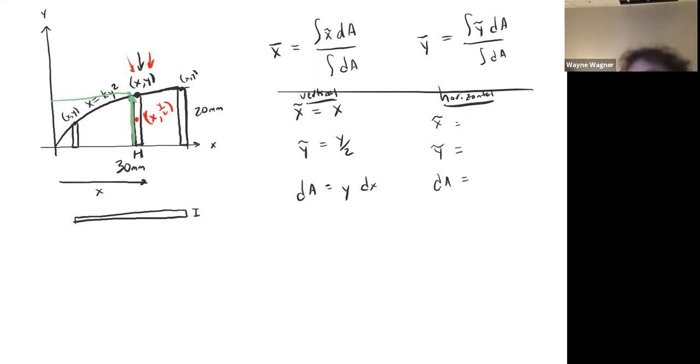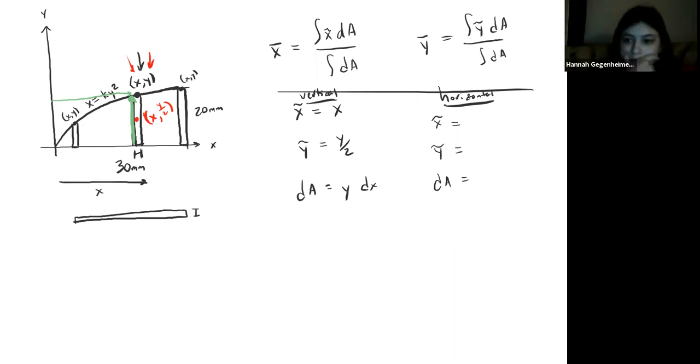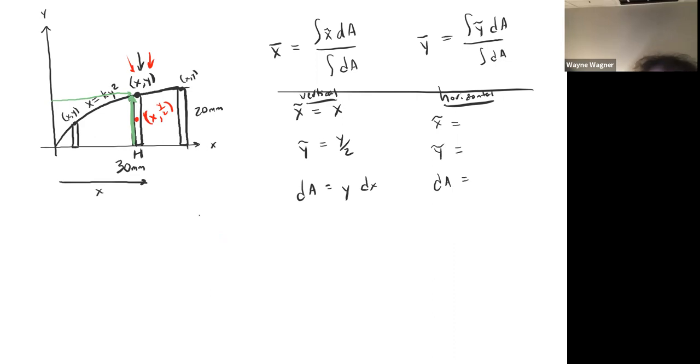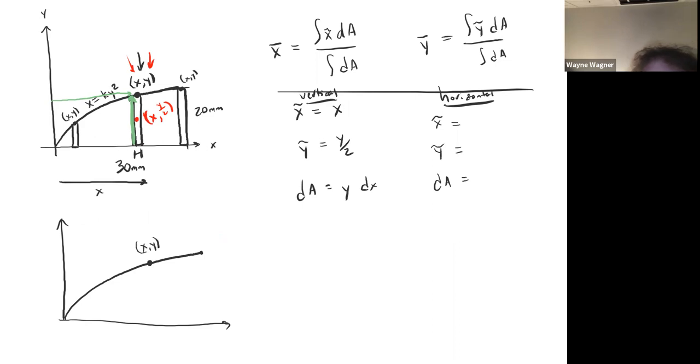In this case, I'm going to redraw my whole thing. Let me erase this. So it looks like this and like this, and we've got something that looks like that. Any point along here is X comma Y. We know that this going down here is 30 millimeters. This is 20 millimeters.